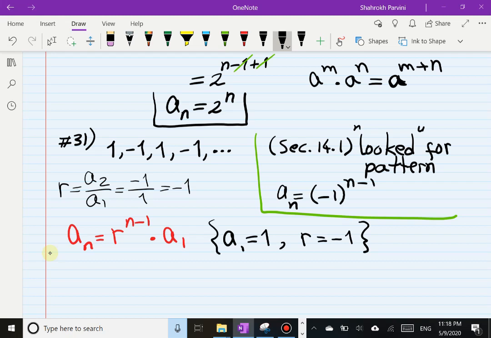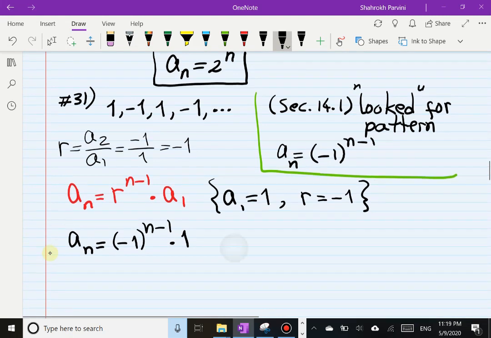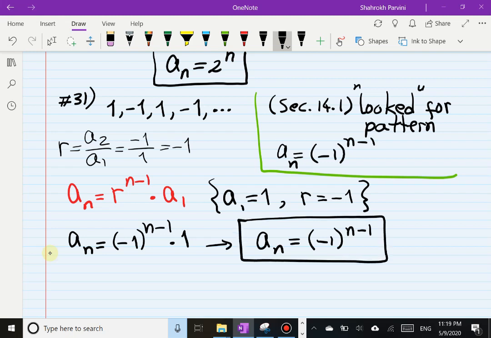So a sub n is negative 1 to the power of n minus 1 times a1, and the first term is 1. Now 1 times any number is the number itself. So I get a sub n equal to simply negative 1 to the n minus 1. And we got exactly the same result that we got up here, except with a different approach.